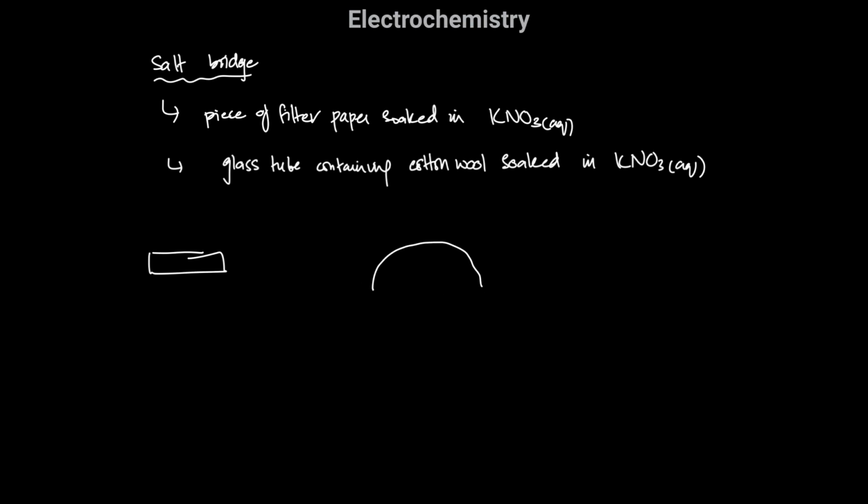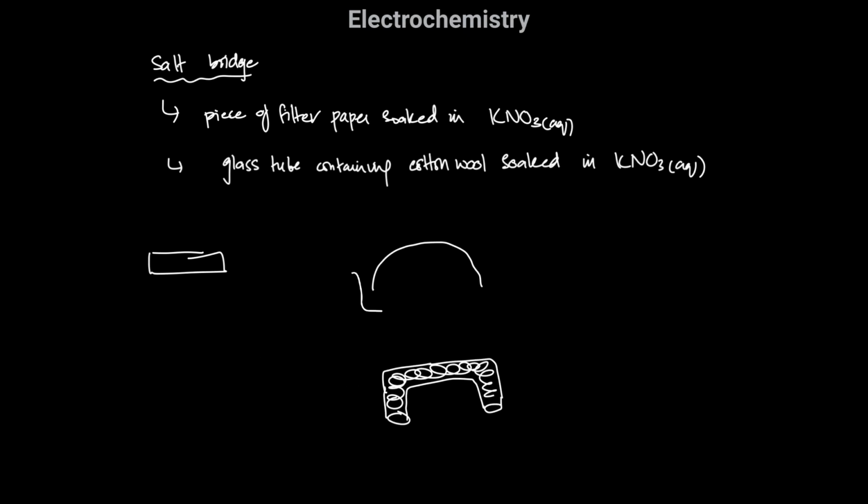Or we can just take this U-shaped tube. There's a glass tube that contains cotton wool soaked in potassium nitrate. So we have cotton wool in this glass U-shaped tube, and again we can use this U-shaped tube to connect the two beakers.